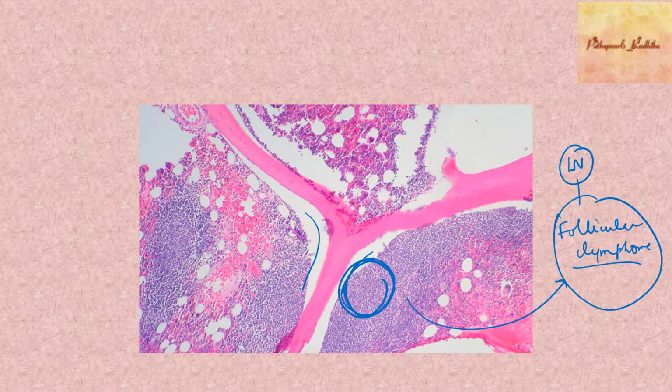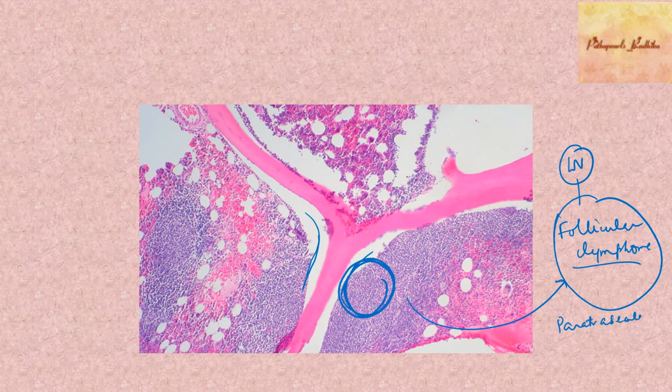It can be other atypical lymphoid infiltrates as well, but whenever you see a paratrabecular lymphoid aggregate, that means lymphoid aggregate surrounding a bony trabeculae, always think of follicular lymphoma, try to rule that out.